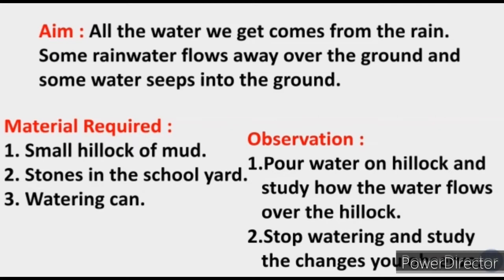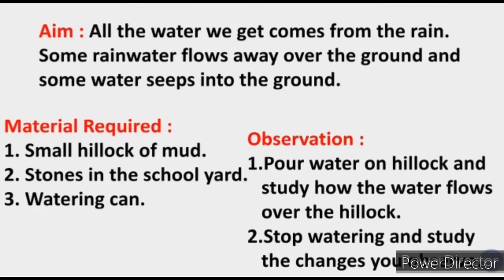Now what materials do we require to do this experiment or activity? First one, small hillock of mud. Hillock means a small hill which we will make of mud. Second one, stones in the schoolyard.